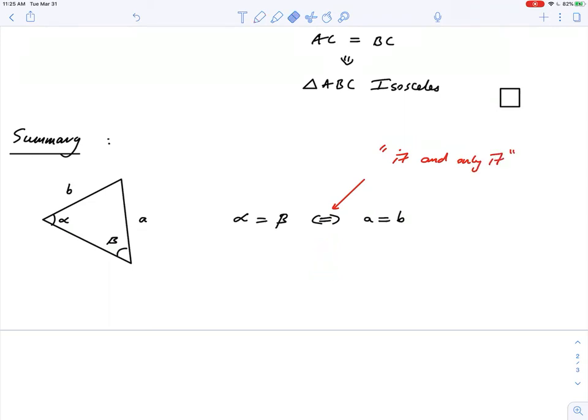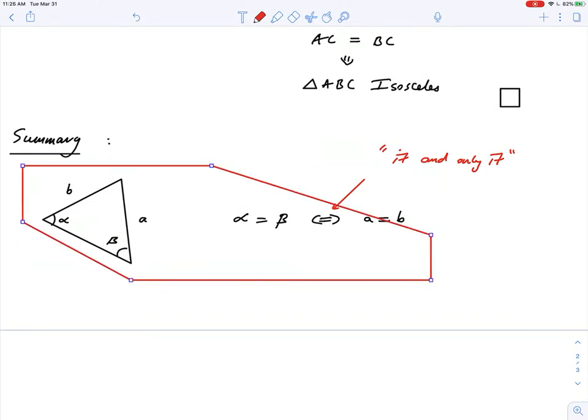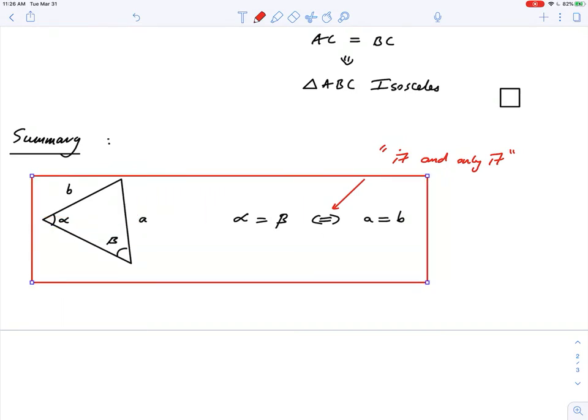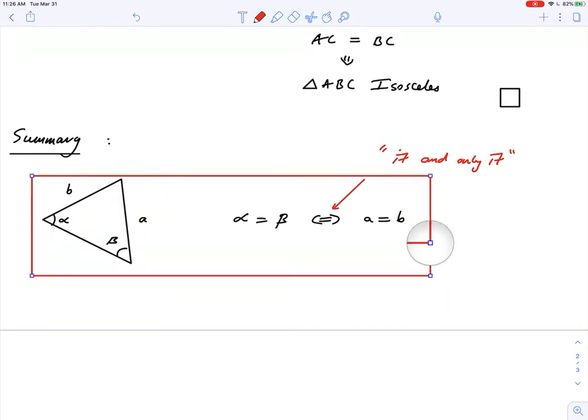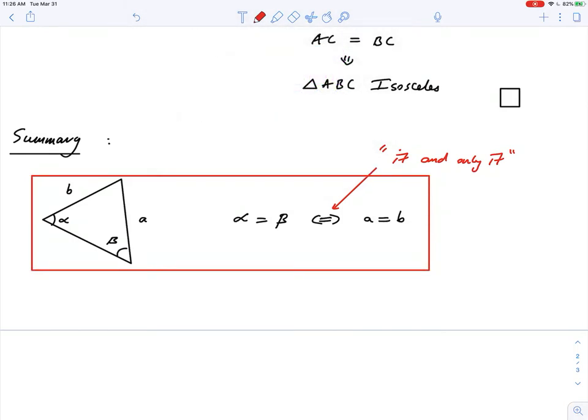So that's basically what we've got here. So it might be worth making sure this is very, very highlighted. Okay, that's a really useful fact.